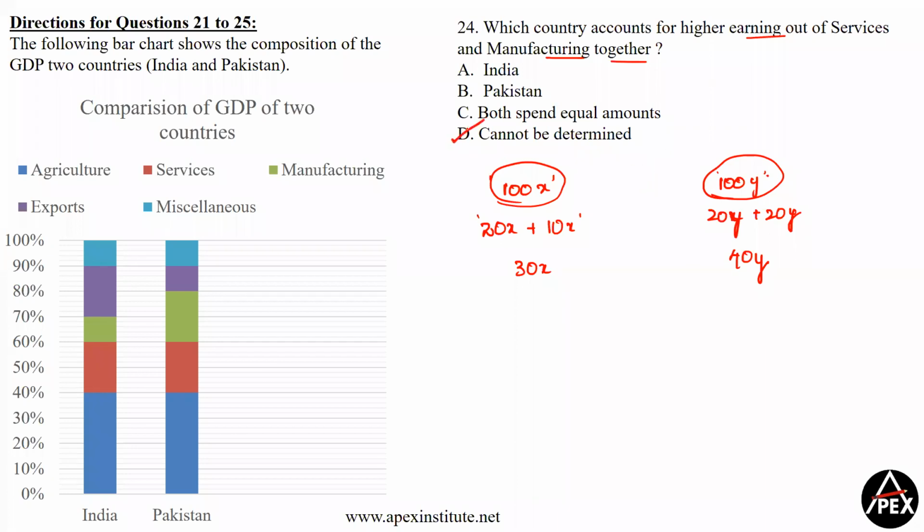So the answer should be cannot be determined, because we have two values, 30x and 40y, and we don't know which is more. To know the value of x, we should be given the total GDP of these two countries. We were not given them, so don't answer this as Pakistan.